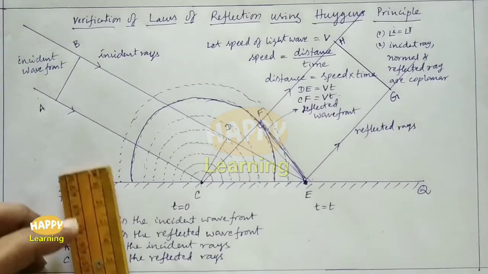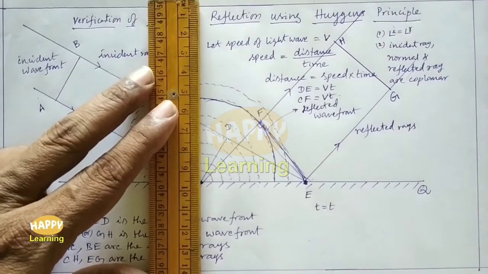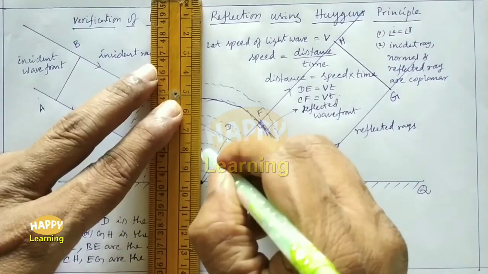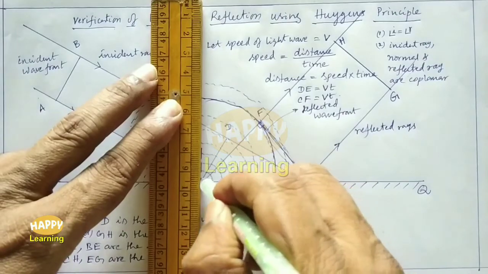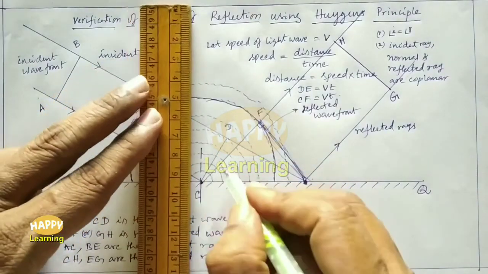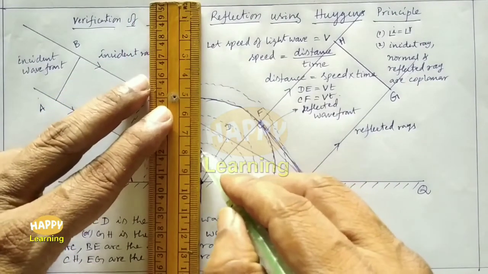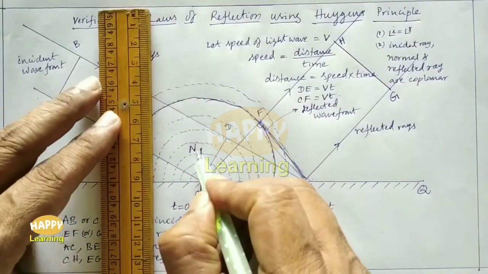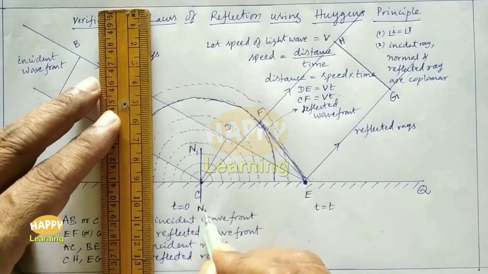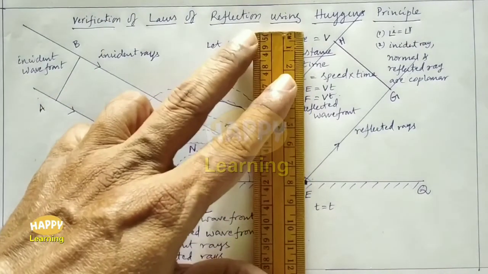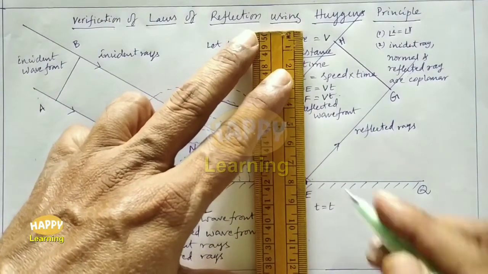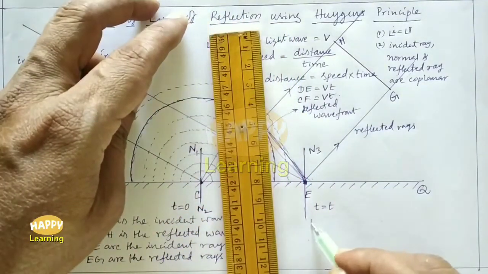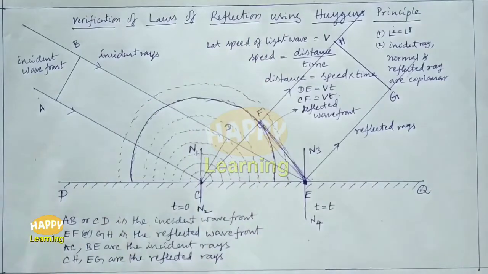Now let us draw normal here. This is normal. Let me call as N1, N2, and here I will draw one more normal. Let me call this as N3, N4.